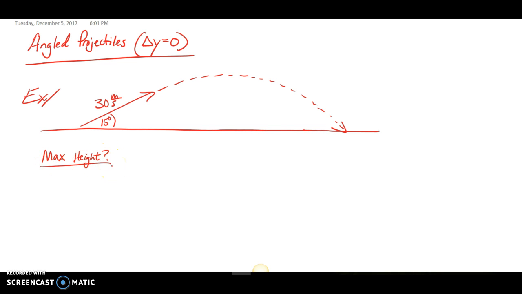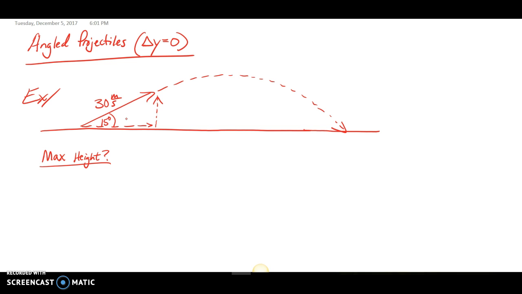So let's list the things that we know. Actually, before we list the things that we know, if you remember back to our last unit, anytime you have a vector that's at an angle, it's always a good idea to break that vector into its components. So our x component of the initial velocity and the y component.